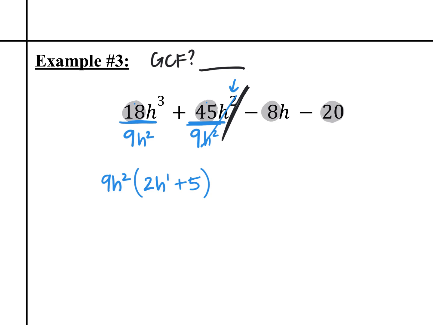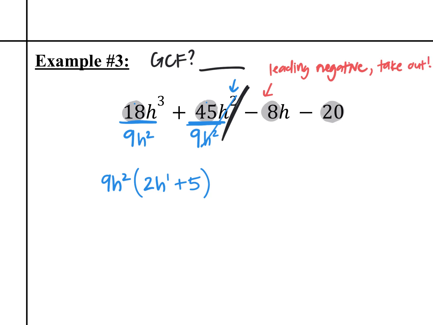Okay, so now we're looking at the second two numbers, and anytime there is a leading negative, so the first number in an expression for GCF is negative, we want to take that out. So leading negative, take out.